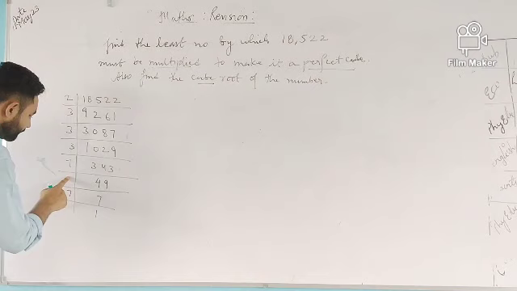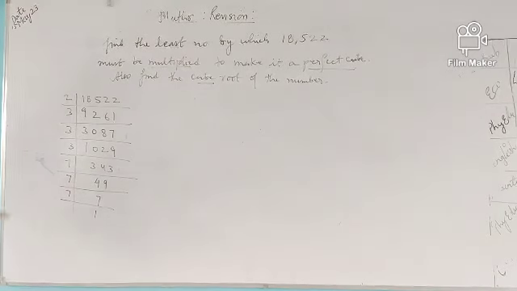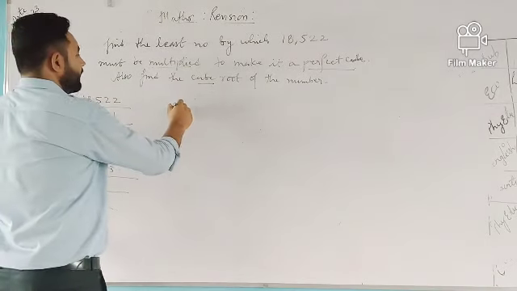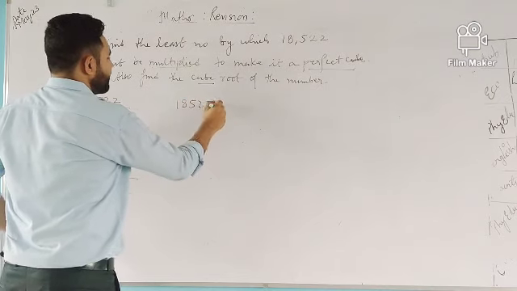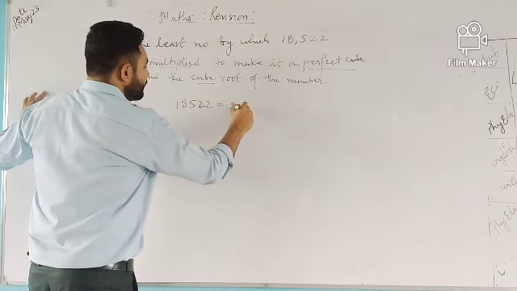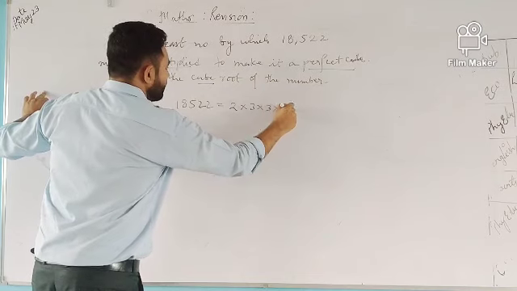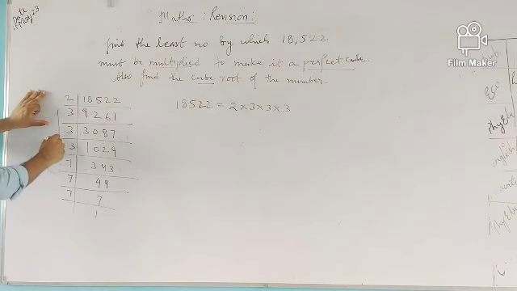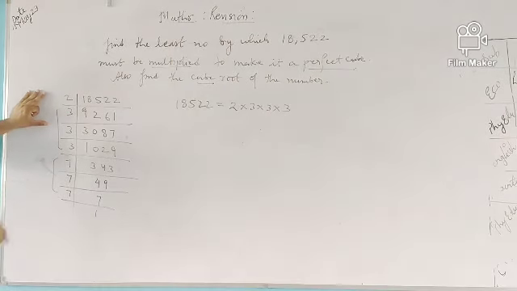So in order to find the cube root of this, we need to have a perfect cube. Is it a perfect cube? It doesn't look like it, because the triplets are forming of 3 and 7, but not of 2.